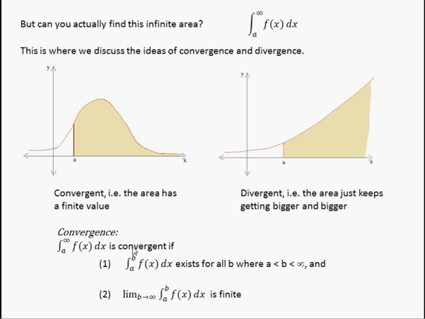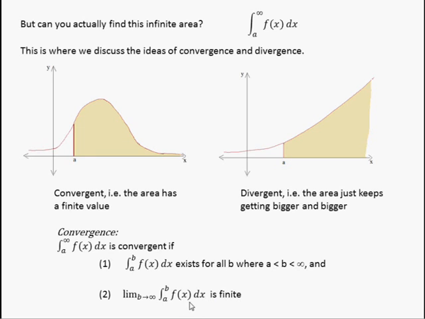Okay, so convergence will occur if it's a continuous integral, if there's no discontinuity, the function is continuous between a and b, and this is the important thing to remember here: the limit as b approaches infinity of the integral between a and b of f of x with respect to x is finite.